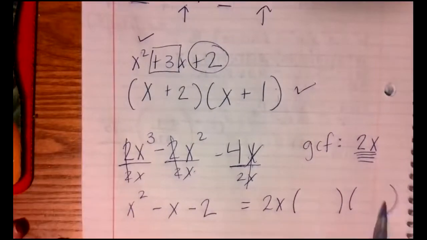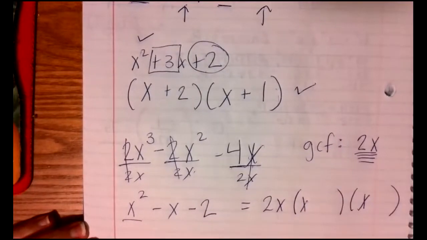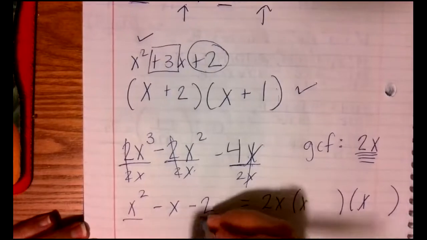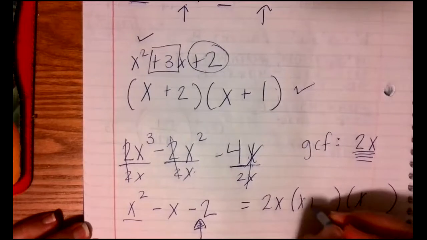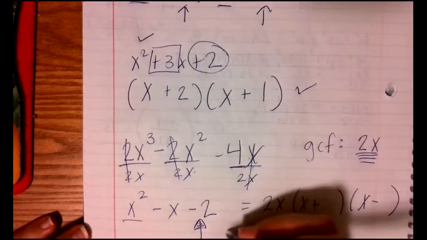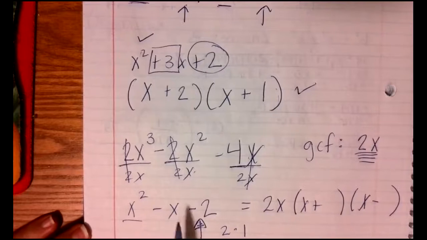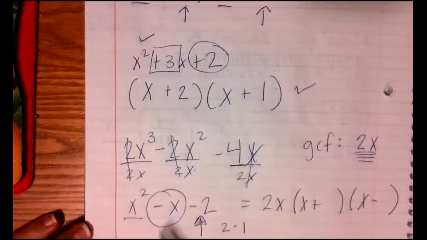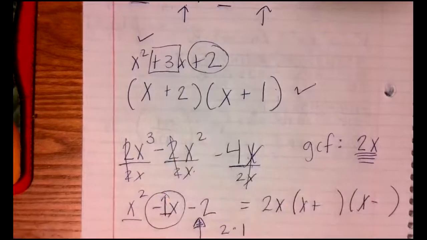Now we're ready to do our parentheses. X squared is x times x. This time I'm multiplying to negative 2, which means one of them will be positive and one of them will be negative, but still the only thing that multiplies to 2 is 2 times 1. And I need to add to a negative x. Remember, a negative x is the same thing as negative 1x.